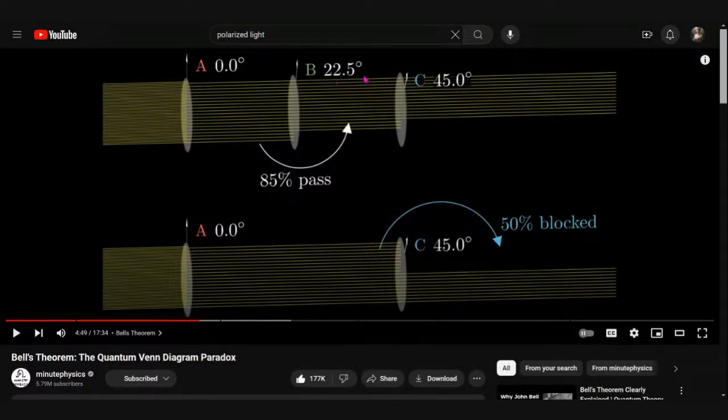So 22.5 degrees, what does that mean? If you are at 22.5 degrees, you walk in right away. What if you're 0? You have a 15% chance. This is interesting because it corresponds to amplitudes of the wave.